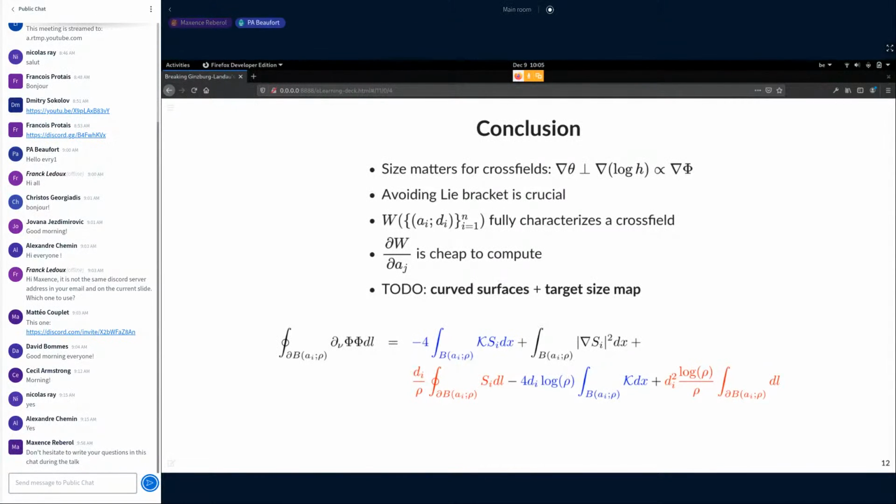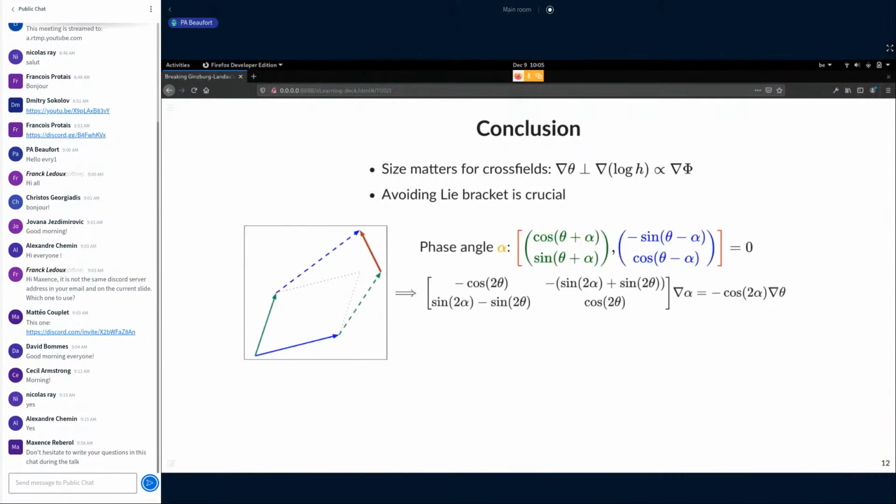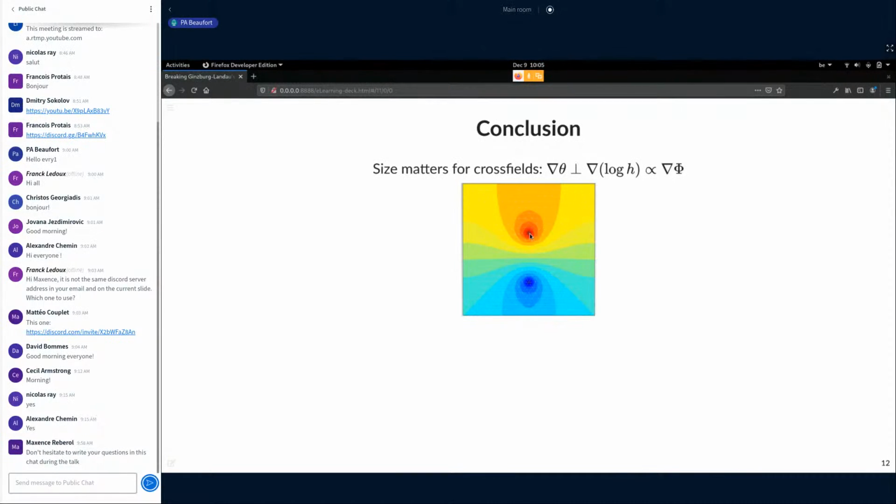It's on the to-do list if one day I resume this work, because I'm not working on that anymore at the moment. We should derive the corresponding expression of this quantity, which is the renormalized energy, in the case of a target size map. But in that case you have to add an extra pair of singularities, critical points whose indices are opposite.